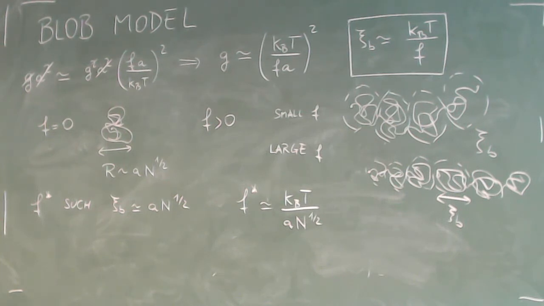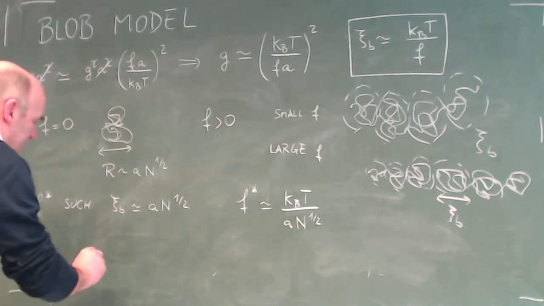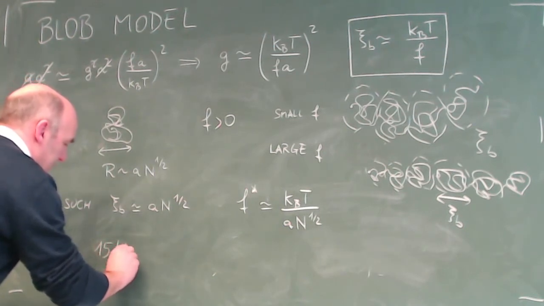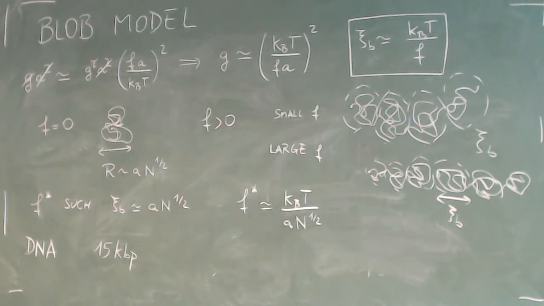So what we want to do next is to calculate the value of this force, for instance, for a piece of DNA. Take a DNA with 15 kilobase pairs. It's a sequence of 15 kilobases. So you have sequence A, T, C, and G, 5,000 of these letters on a sequence.